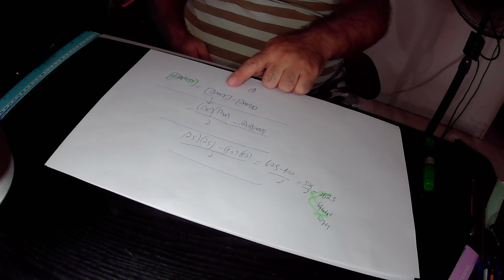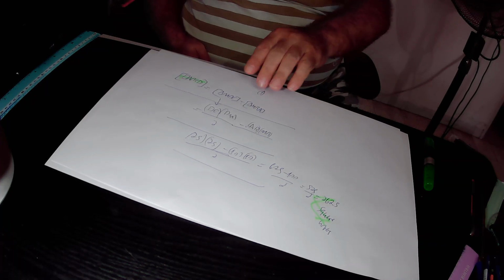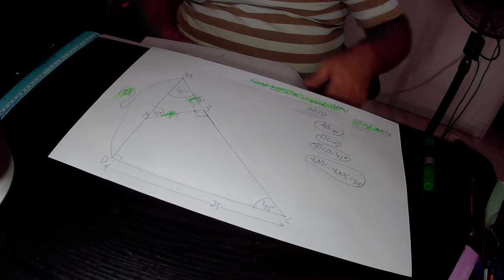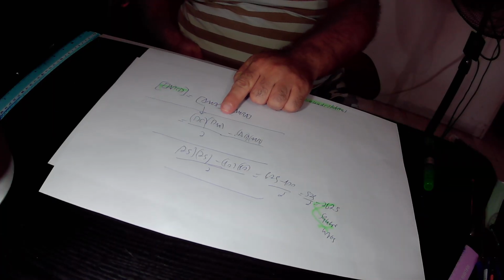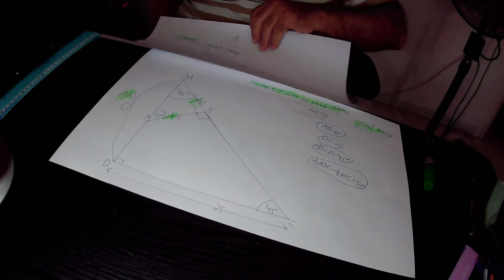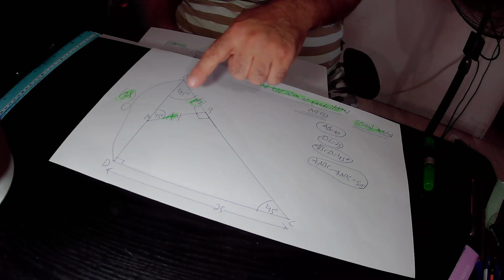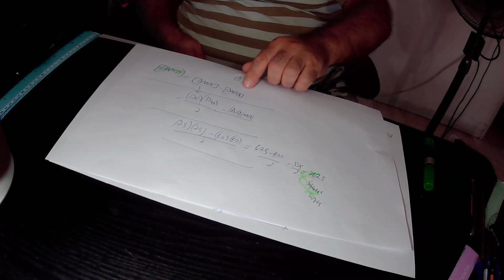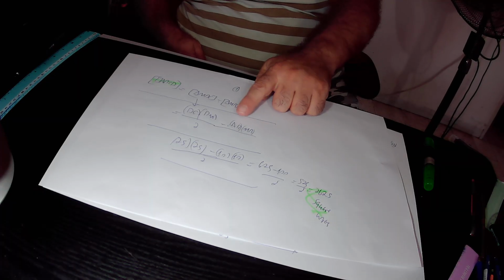The area of the big right triangle MDC equals the base DC times the height DM over 2, minus the area of this right triangle ABM. The area of this right triangle ABM equals the base AB times the height MB over 2.